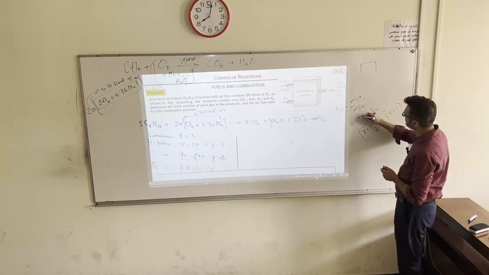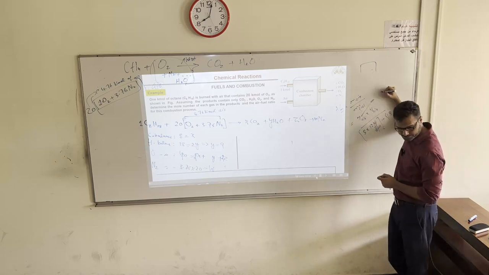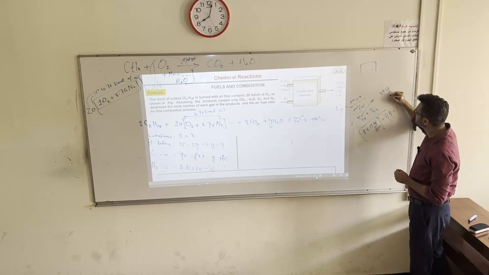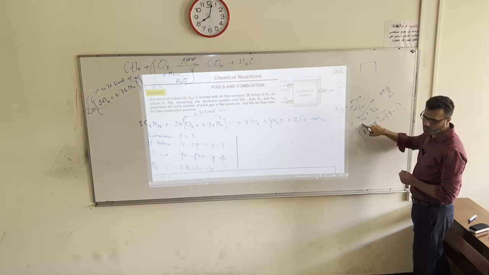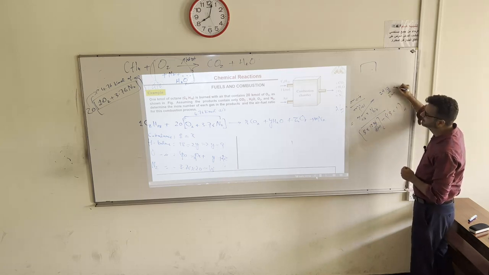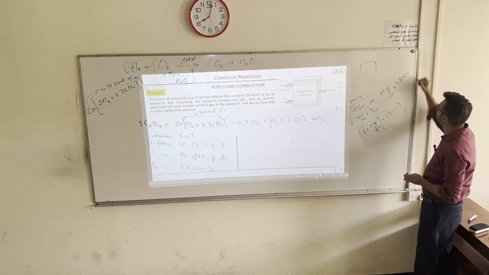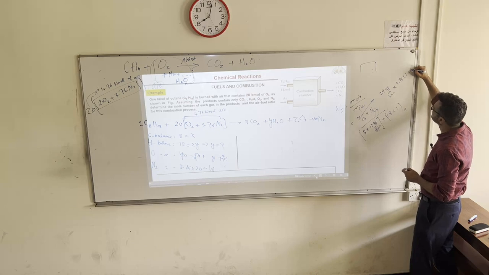What is molar mass of air? Remember? Molar mass is 29 kilograms per kilomole for air, multiplied by 4.76 times 20 kilomole.